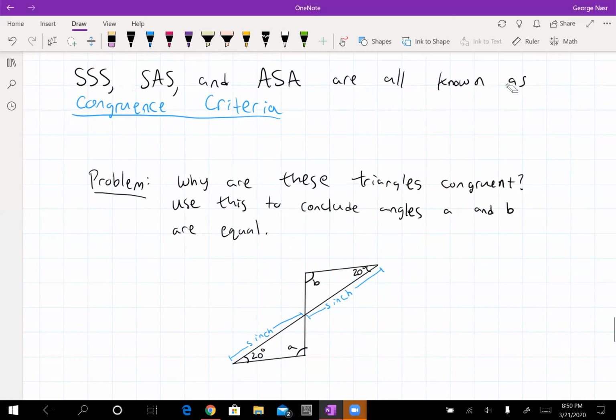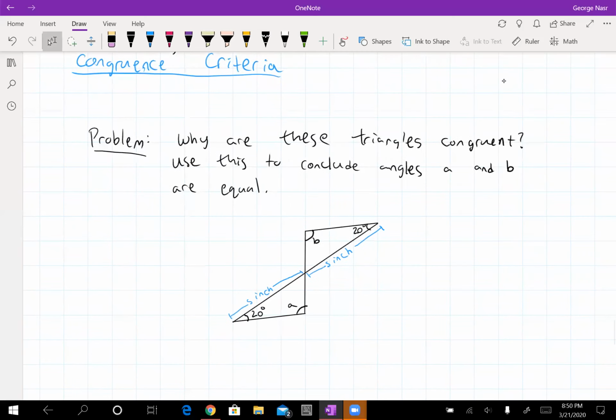So there must be a way to use angle, side, angle. And if I'm going to use angle, side, angle, if this is the angle and this is the side, then there is no choice for the other angle. This must be the other angle because the side in angle, side, angle has to be in between your 2 angles. So let's call this angle C and angle D.